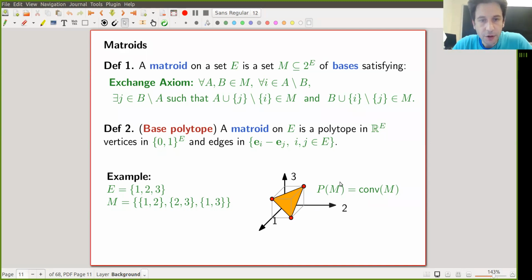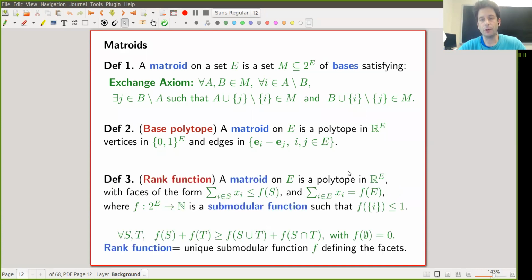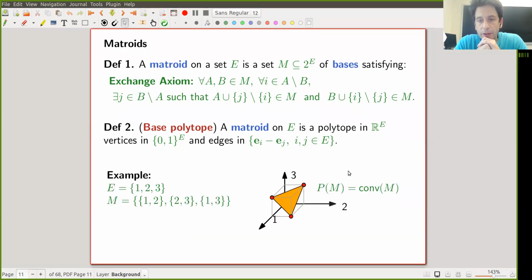All right, so that's a more geometric perspective. And a third way to look at matroids, or define matroids, is in terms of the rank function. In terms of the polytope, we were characterizing it in terms of the edges, but we could also characterize it in terms of the facets.